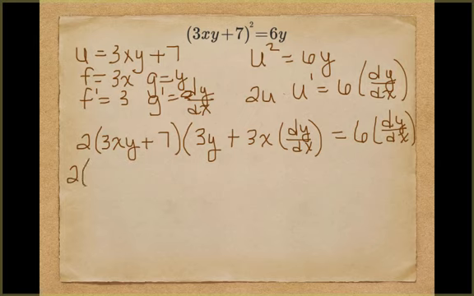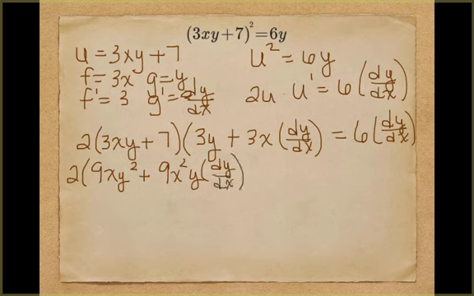So I have 2 times 9xy squared plus 9x squared y dy/dx plus 21y plus 21x dy/dx equals 6 dy/dx.